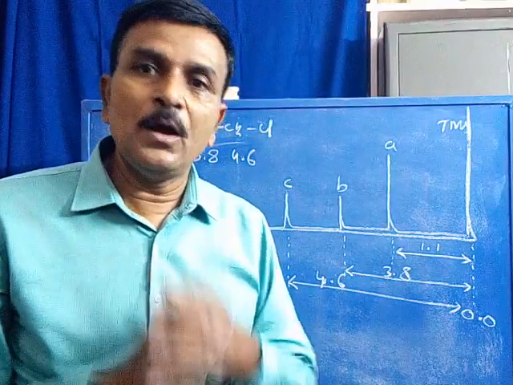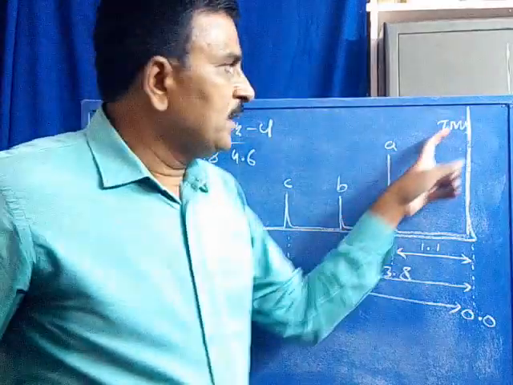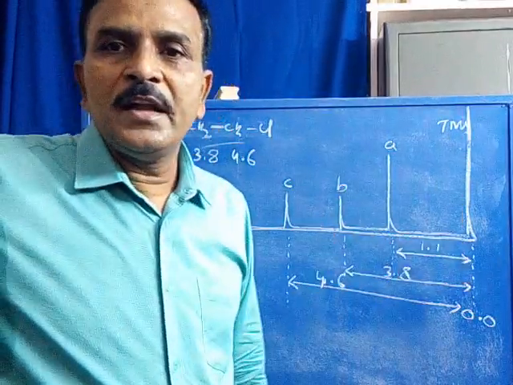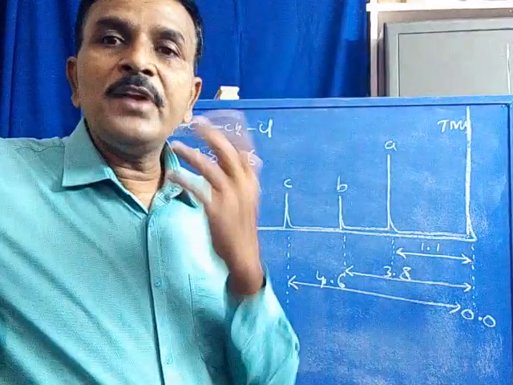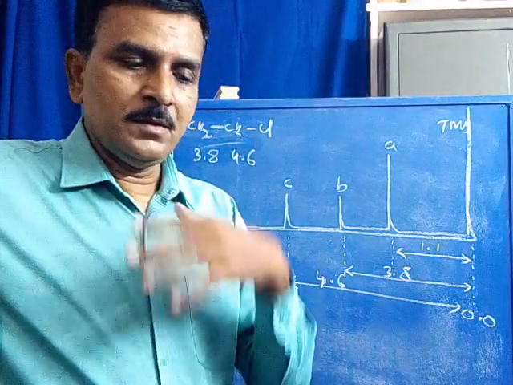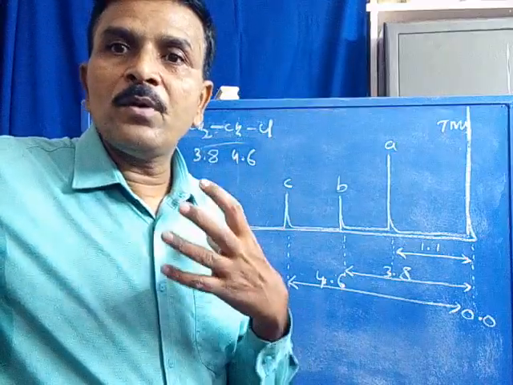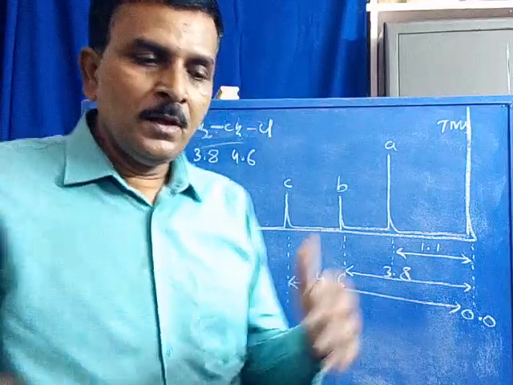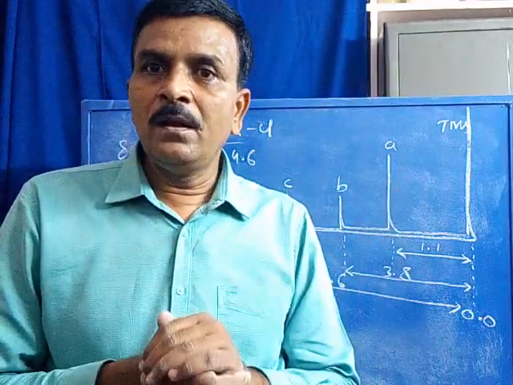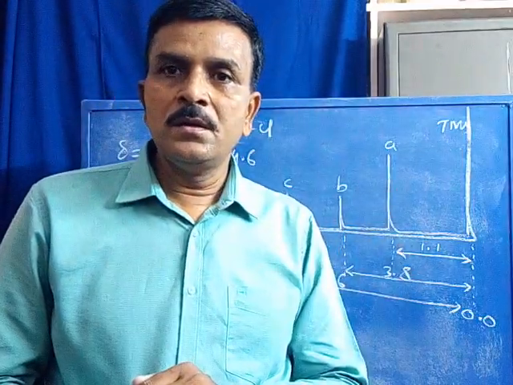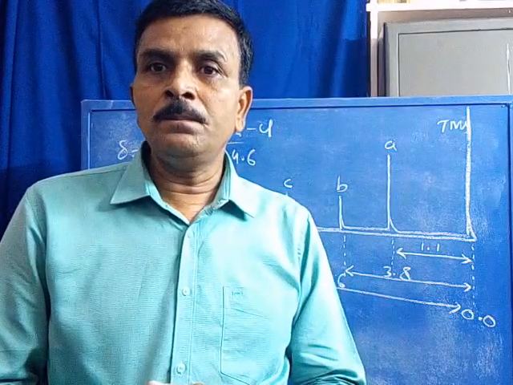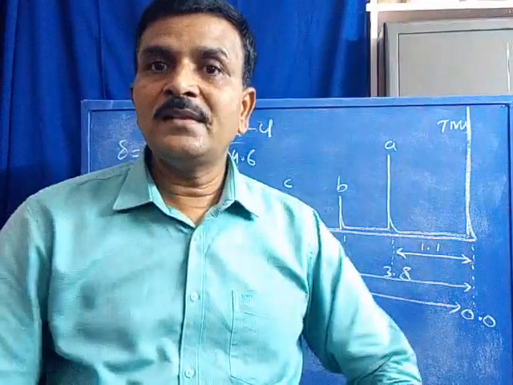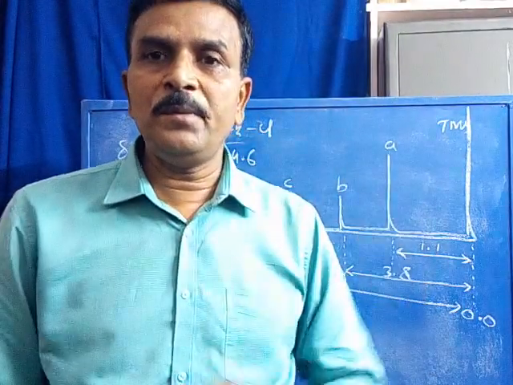Is it clear? Now, tetramethylsilane contains protons. The sample also contains protons. Therefore, we would expect our sample proton signal to appear at 0.0 ppm. Are you following? Both TMS as well as the sample consist of protons similar to TMS protons, so we would expect our sample protons to appear at the same frequency, that is at 0.0 ppm.